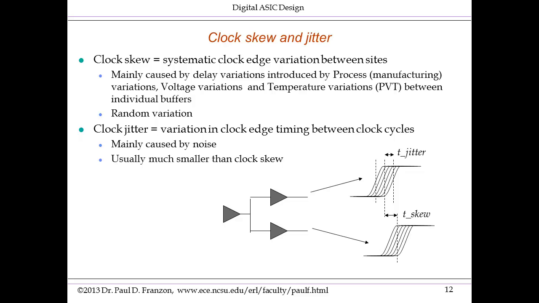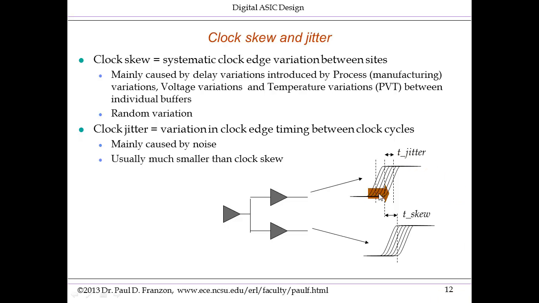Clock skew is the larger of the two here. However, you also get clock jitter. Clock jitter is the variation in time between arrival of successive clock edges at the same site.